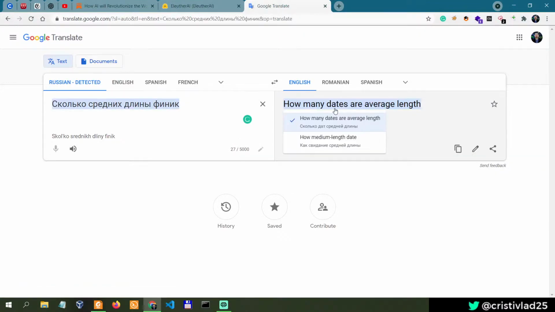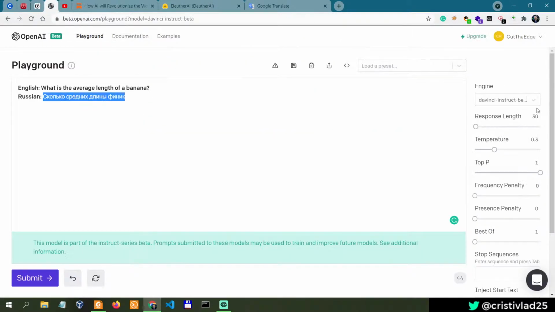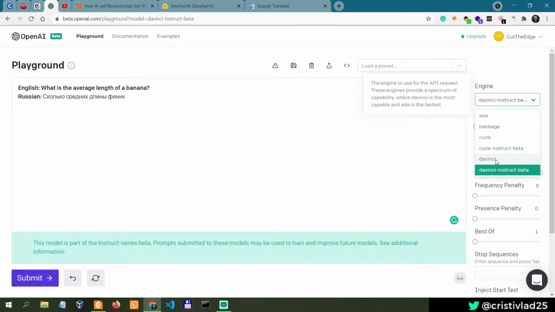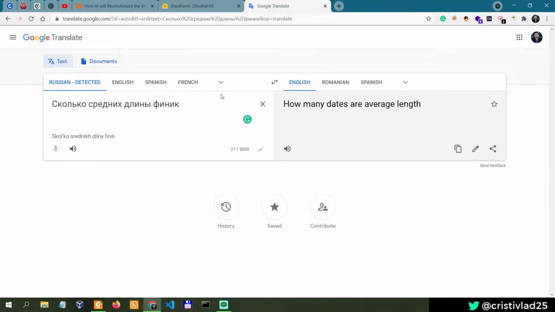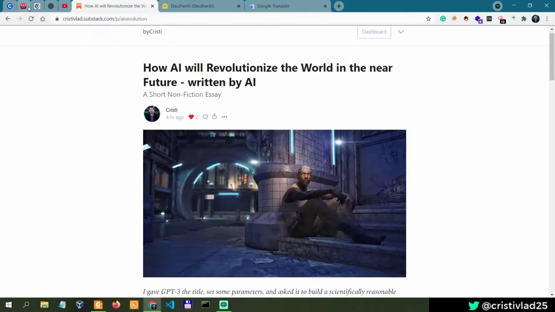As you can see, you don't get the highest quality of translations, but what if we use DaVinci? Maybe we can get something else. Take this, put it into Google Translate. How much is the average length of the fruit? Which is better?